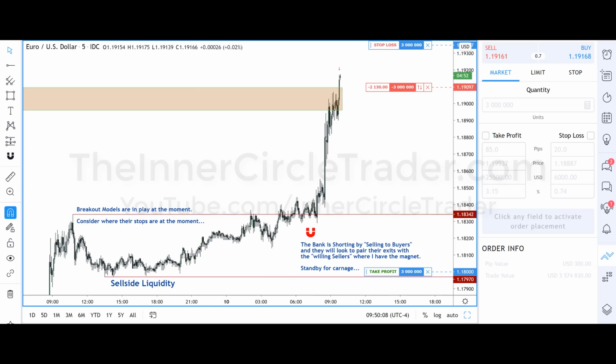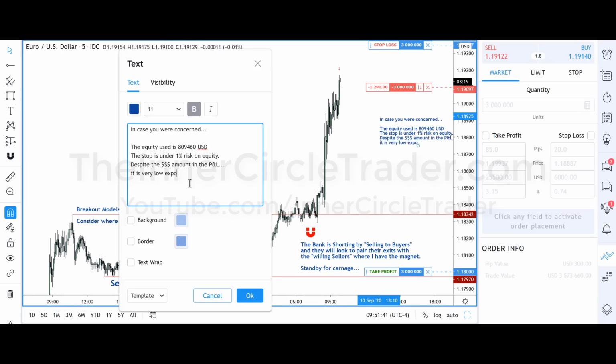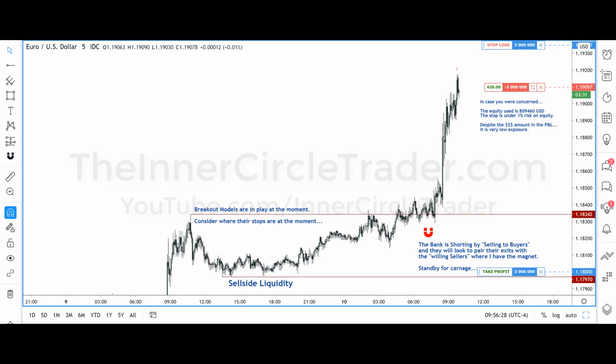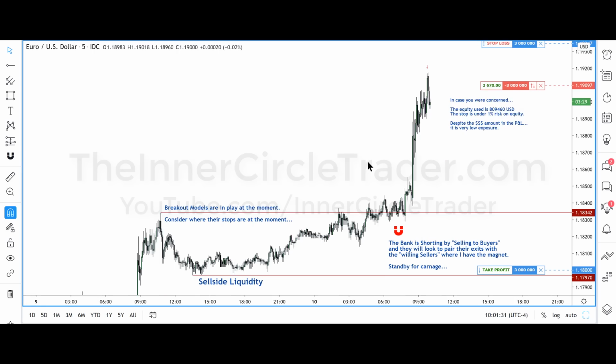So the breakout traders that went long on a breakout above 118.35, their stops are right below that little magnet. Okay, so that area right there is not of any concern to you. I know, it's a tease. Alright, and again, I'm just making a note that if in case you're worried, it's not over leveraged on this trade.